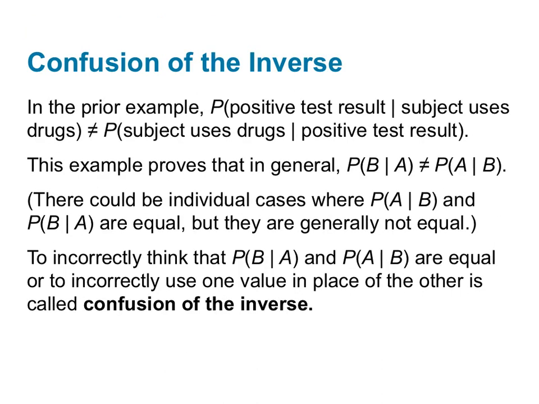So this example proves that in general the probability of B given A is not equal to the probability of A given B. There could be individual cases where it is true, but they are generally not equal. And to incorrectly think that the probability of B given A and the probability of A given B are equal, or to incorrectly use one value in place of the other, is called the confusion of the inverse.